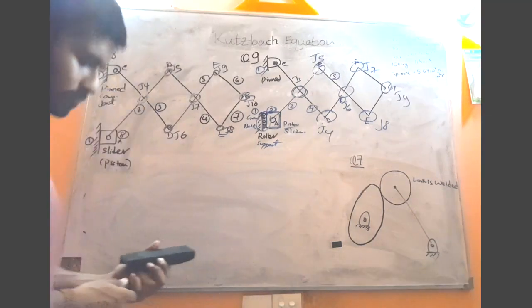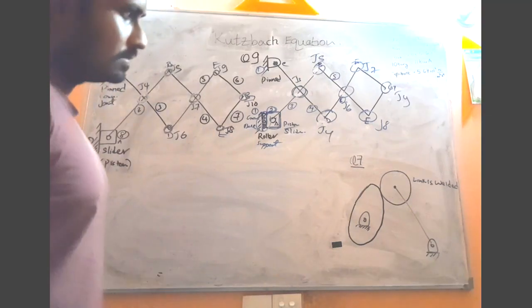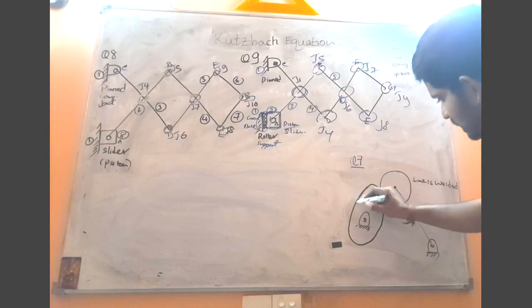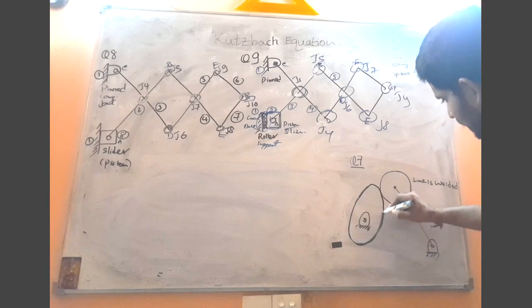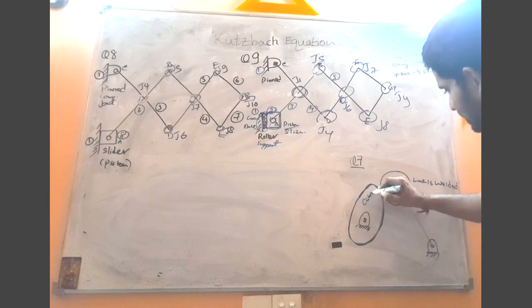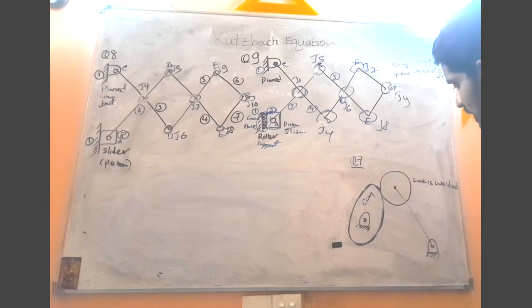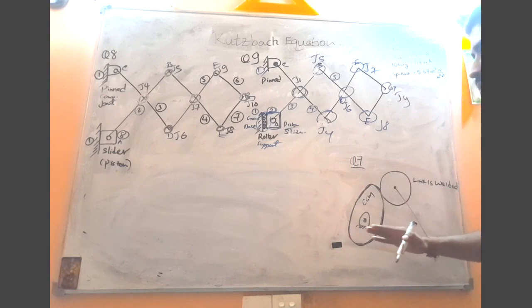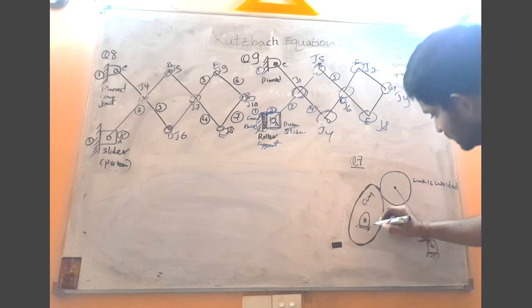Now here, can you see this member? Let's call it a cam. This cam is connected to the base, or to the ground, with the help of this pin joint.